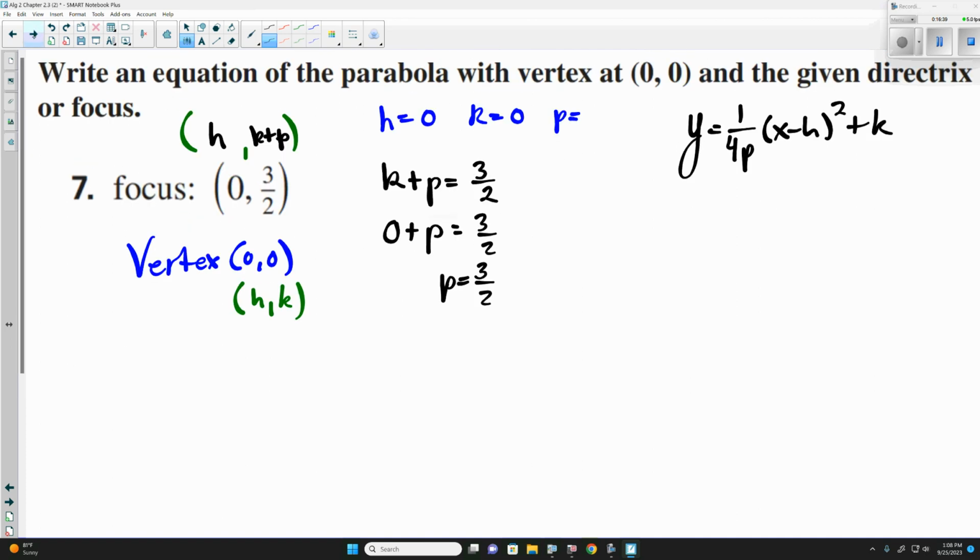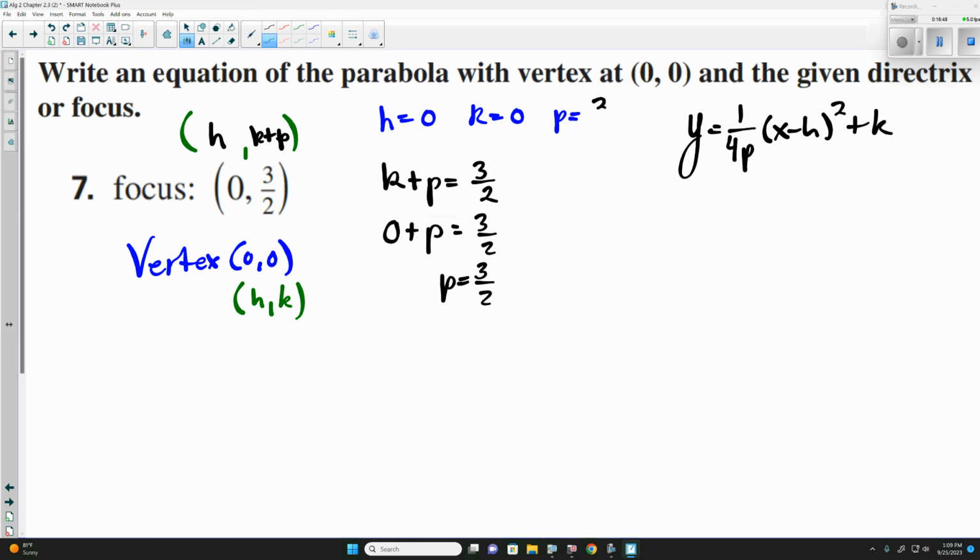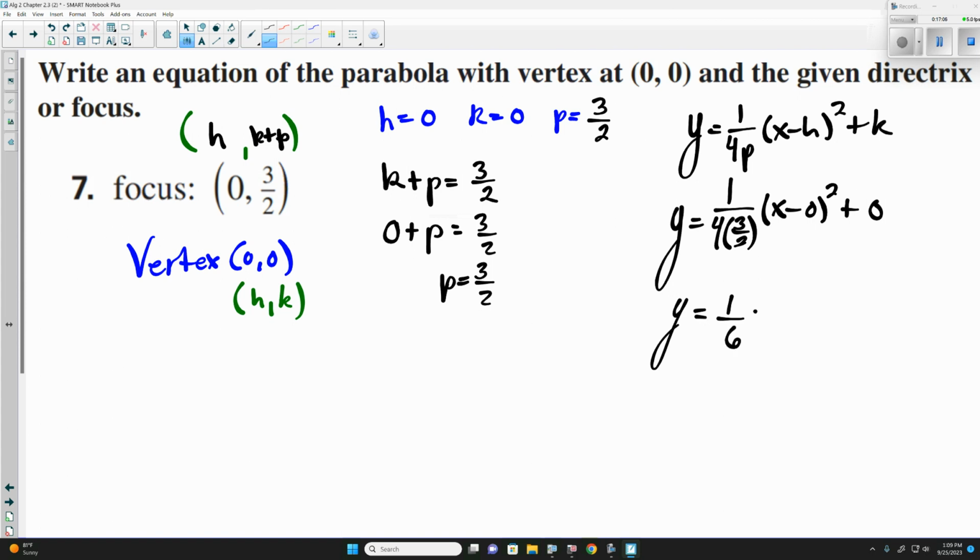But here, we have k plus p equals 3/2. 0 plus p is 3/2, or p is 3/2. So we do need to simplify our 1 over 4 times 3/2. It actually works out to be 1/6.